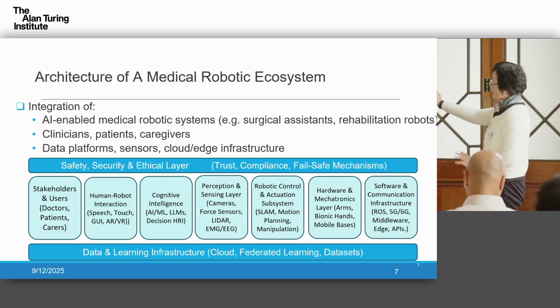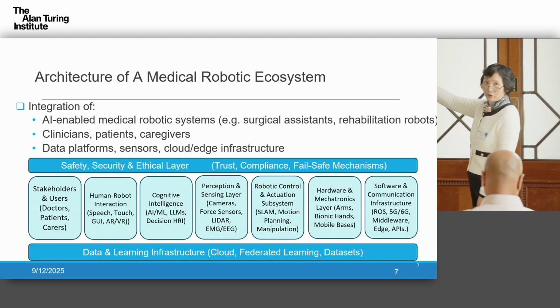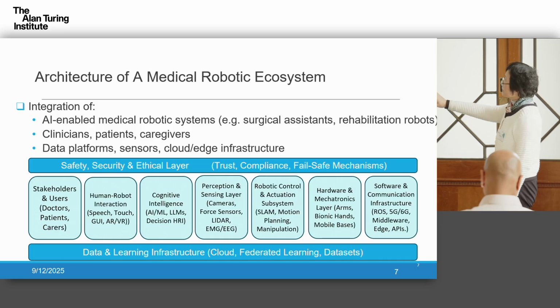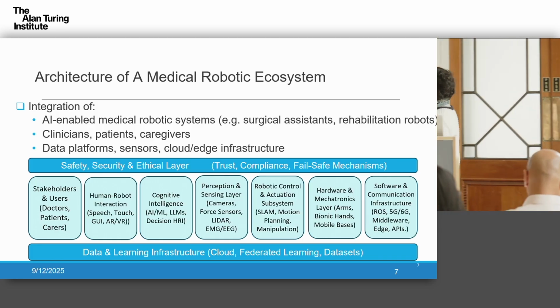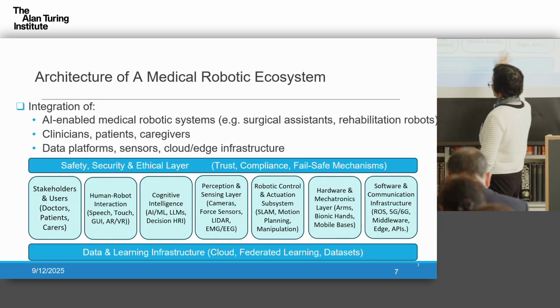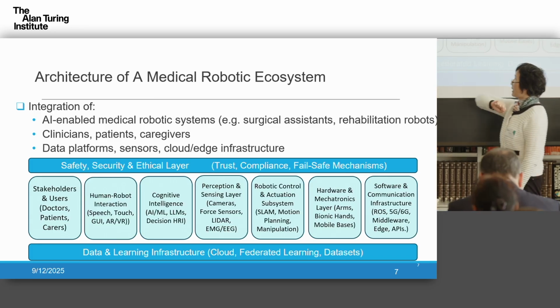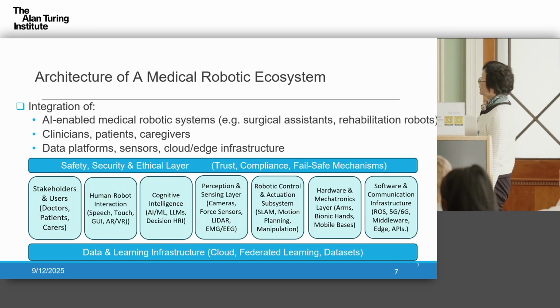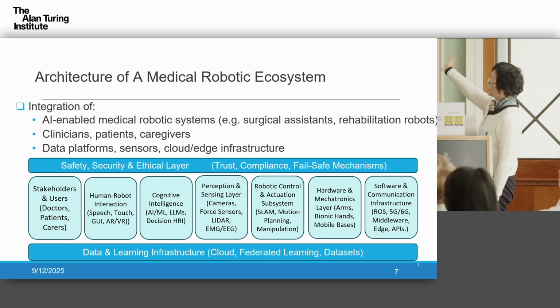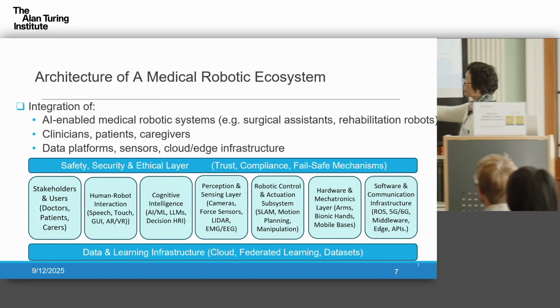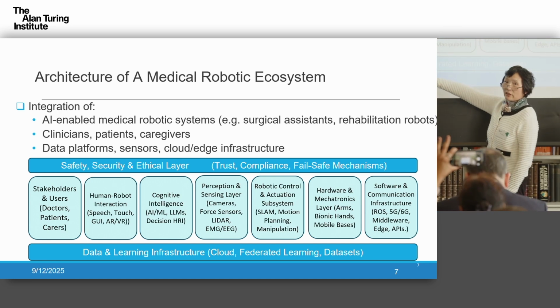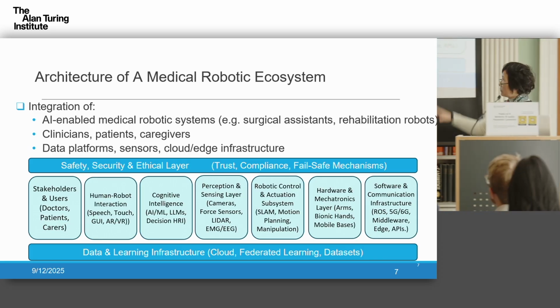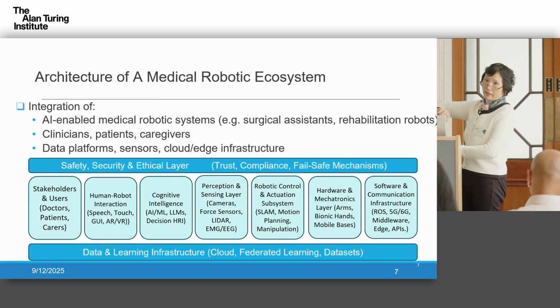The architecture here, we introduce a hierarchical system. We can see all the systems. We can start from stakeholders, human-robot interaction, cognitive intelligence, and perception and control, etc. But most importantly, we suggest two fundamental layers. One is a safety, security, and ethical layer.